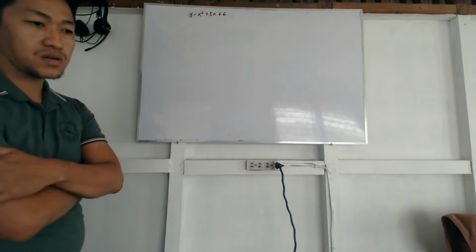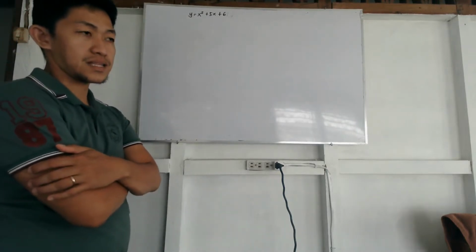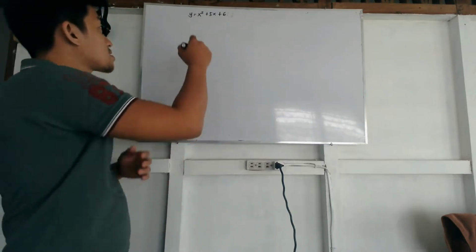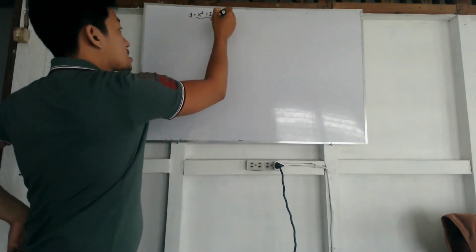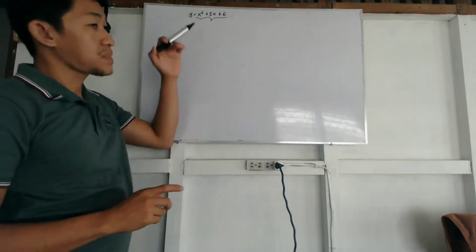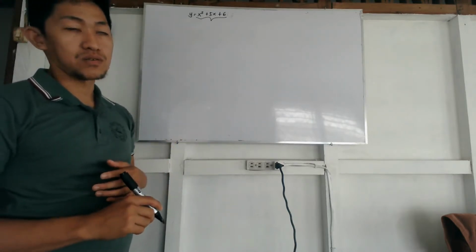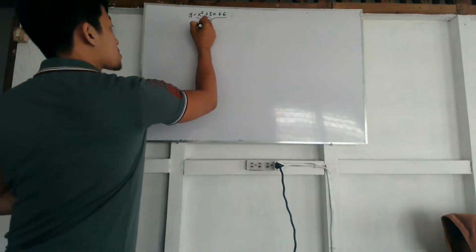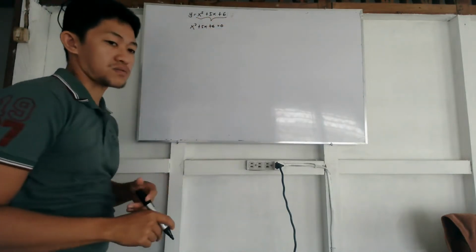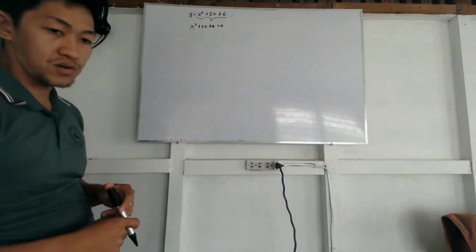How do we get the roots of this equation? The roots of this equation are the values of x that will make the value of y equal to 0. So you have x squared plus 5x plus 6 is equal to 0. So this is your equation.